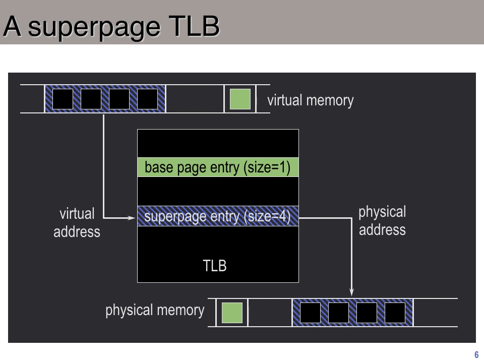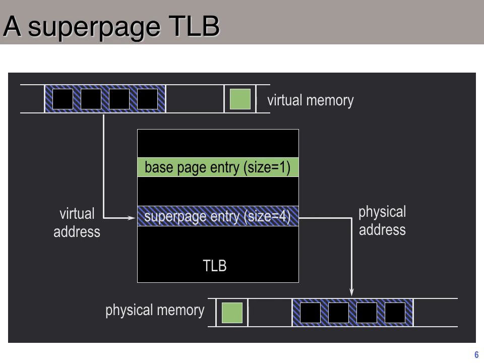And there is some indication, through either a field or by having separate TLBs, that this is a base page of size 1. On the other hand, there is a super page of size 4 in the virtual memory, and this also uses a single TLB entry, just like a base page of size 1.